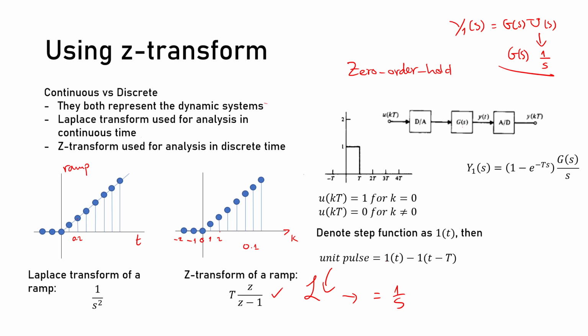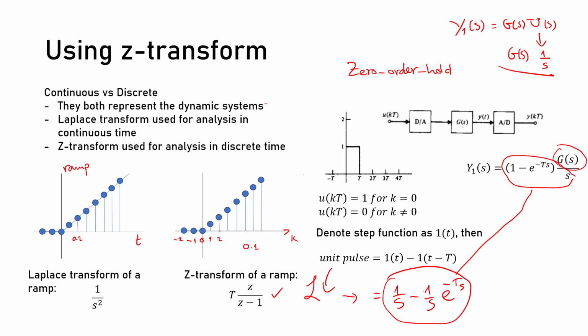How about this one? 1 over s times e to the minus Ts, that you just found earlier, right? And now, because the output equals input times transfer function, this is the transfer function, and this one is from the input of the unit pulse. Okay, so this one is this one, right? Like this. Any question? Okay.